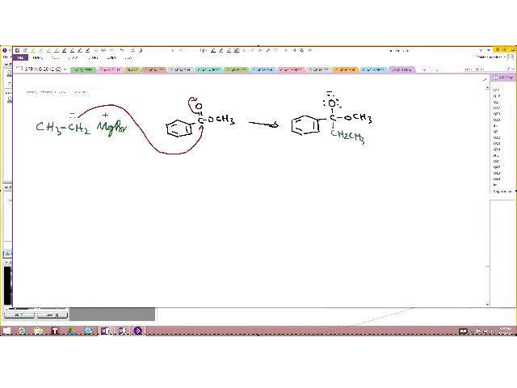That's from the Grignard. And now this is an unstable intermediate. It will regenerate the carbonyl. And in so doing, something has got to give on this carbon here. Carbon cannot have more than 4 bonds. So the methoxy group will leave. Whatever the alkoxide of the ester is will leave. And now what do we have?